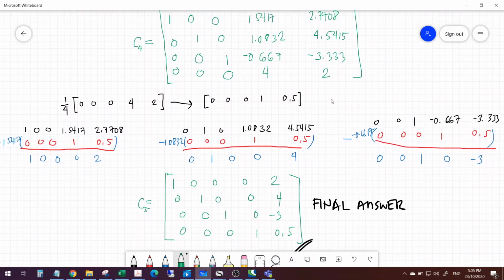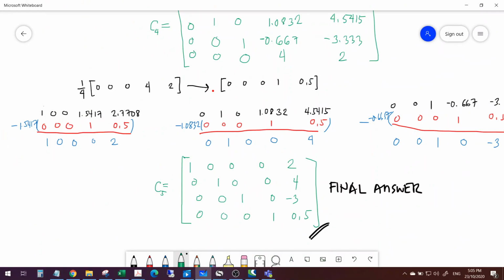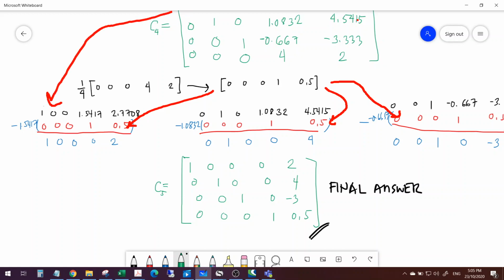Okay, so I'll rewrite that again. So the normalized row is this, the normalized row is this, the normalized row is this. Then copy the first row here. This is the first row, this is the second row, and then this is the third row.